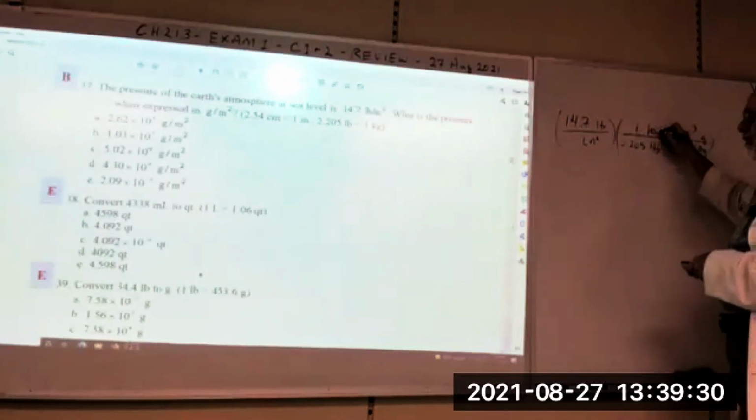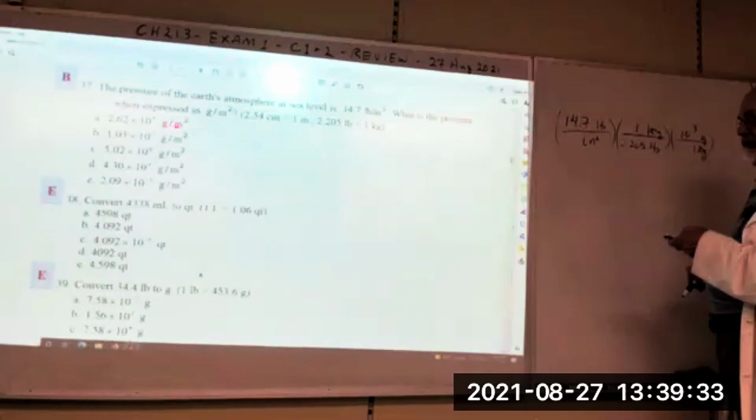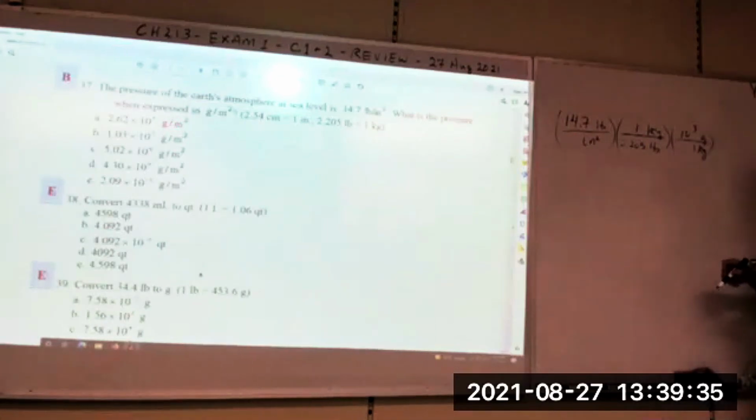Okay. We got grams. Now we're going to do meters, square meters. So inches, let's see, what does it give us? 1 inch equals 2.54 centimeters. All right, so we got inches to centimeters, 2.54 centimeters. But that's not square centimeters. That's linear.